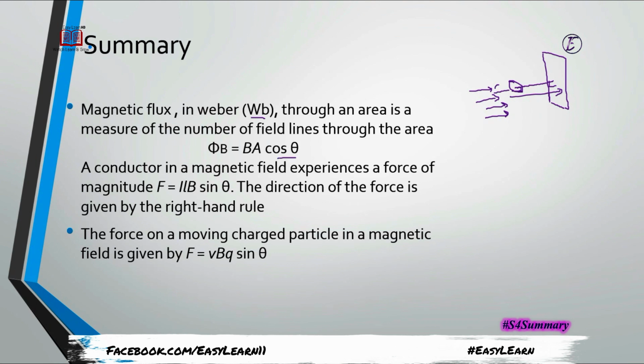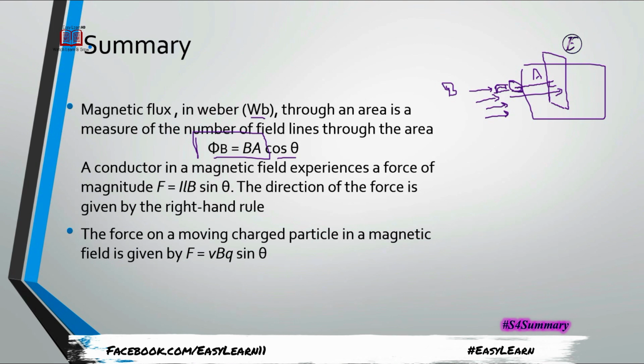The angle between the normal to the surface area and the magnetic field must be 0 degrees to make the magnetic flux maximum. And what area needs to be considered? Definitely the area which is under the influence of the magnetic field is considered, not the area which is not under the magnetic field.